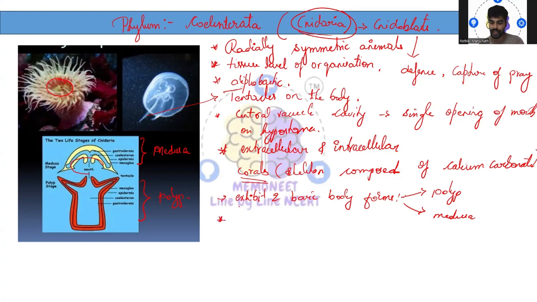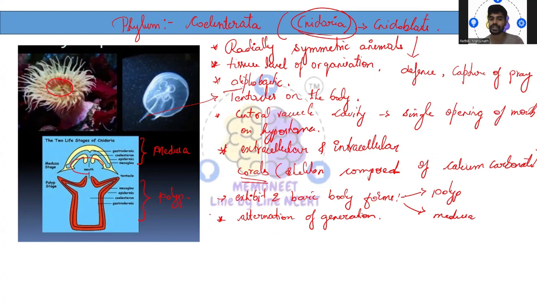Then they actually show alternation of generation. Okay, polyp and medusa, so they actually show alternation of generation. So what is this alternation of generation basically?